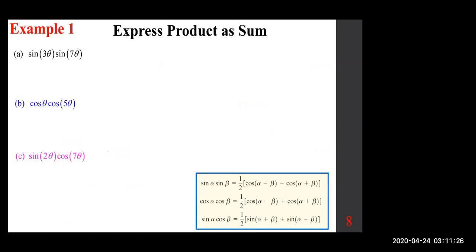Here's a very simple example, and I'm going to show you how simple it is, because I bet you can answer this. Take a look, everybody. We are going to use the bottom piece and apply it to these 3 questions. So let's talk about part A. Let's give them numbers 1, 2, 3.